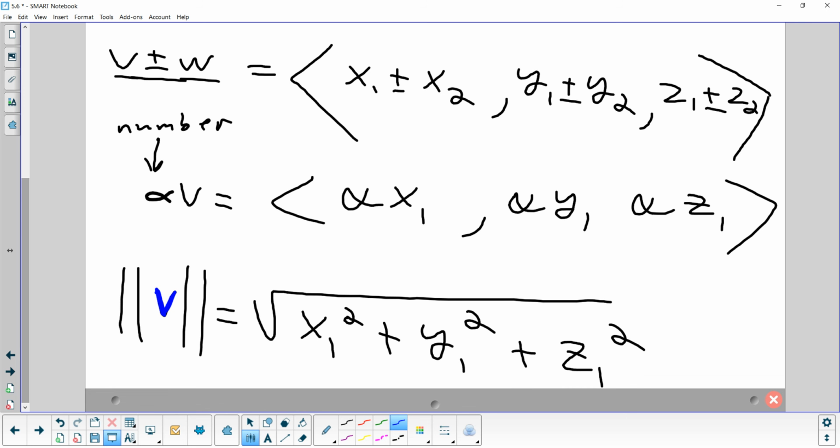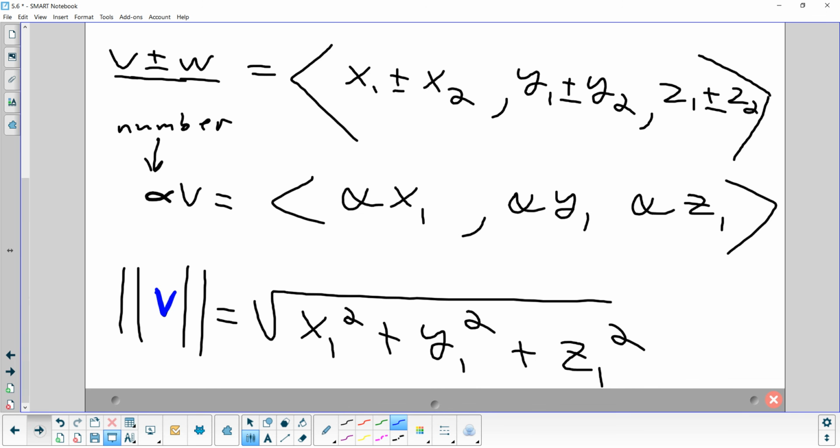All right, so finding the length of a vector in 3D, square the x component, square the y component, square the z component, add them all up, and then take the square root. Hopefully you're seeing that when you do it in 3D, it's really not that much harder than 2D. And that's why I said most of today is going to feel like a review.